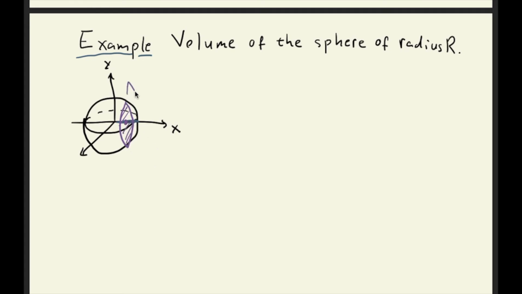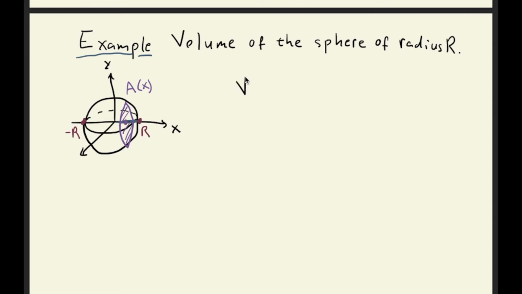And we just need to compute a formula for the area of this cross section, A(x). Then we have to integrate from the smallest to the biggest value of the variable x inside of our region. The biggest value, as you see, is at the end of the radius of the sphere. It has to be r. That's the biggest value of the variable x, and the smallest value is negative r.